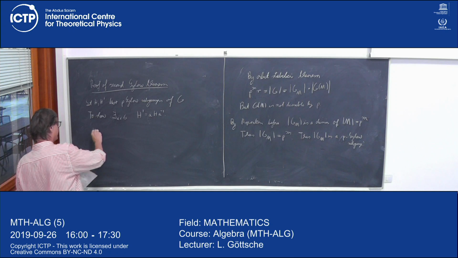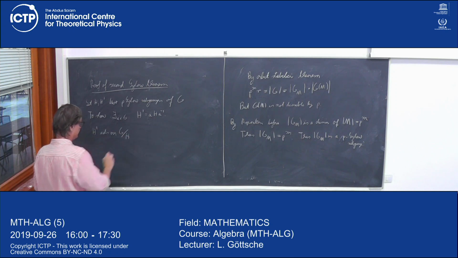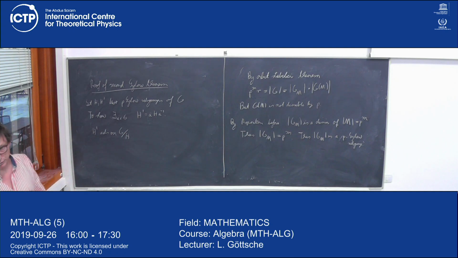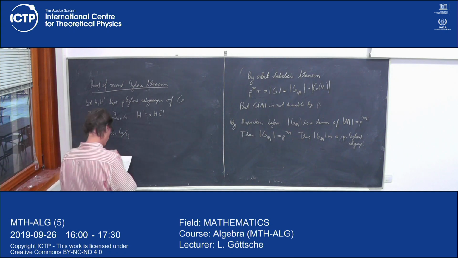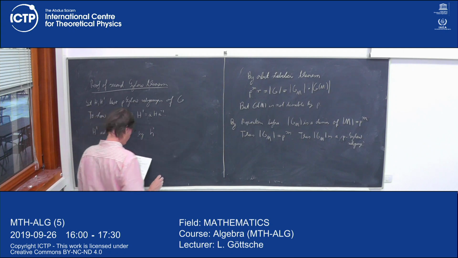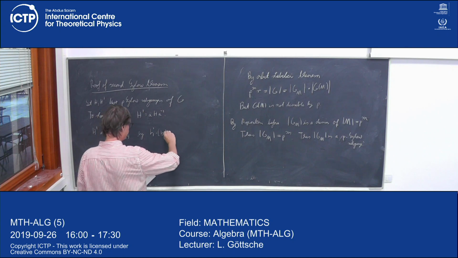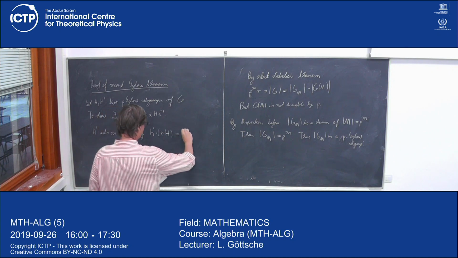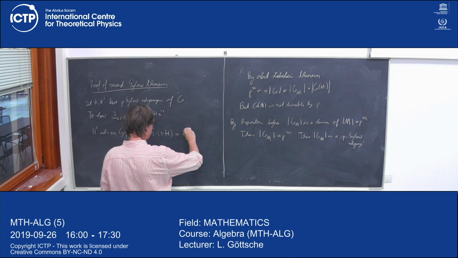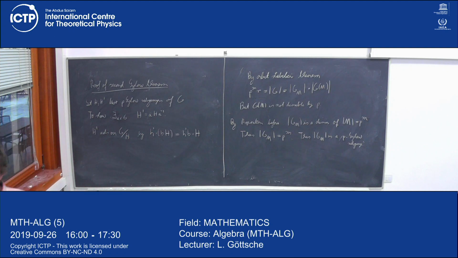So H prime acts on G mod H, the set of cosets, by H prime applied to a coset BH being H prime B H. So just by left multiplication on the cosets. Okay, we can do that. This obviously gives me an action.